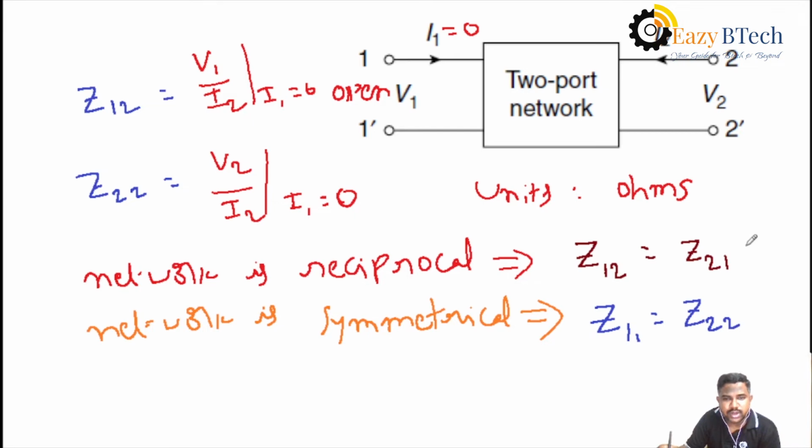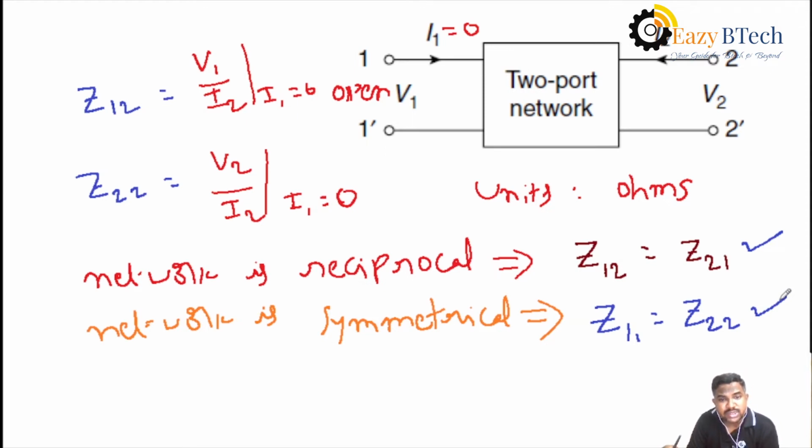These two conditions are the most important in GATE examinations. If Z12 equals Z21, then the given circuit is reciprocal. If Z11 equals Z22, then the given circuit is symmetrical.